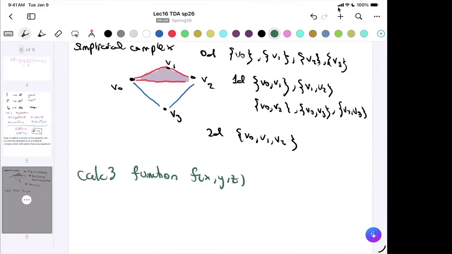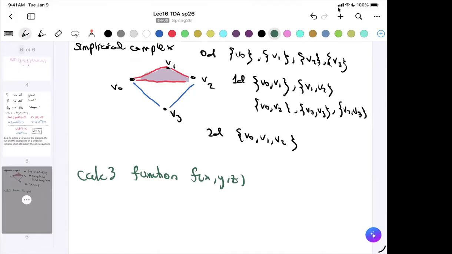On a simplicial complex, that will be replaced with a function defined on the points in space, and the analog of the points in space on a simplicial complex are the vertices. So our function will be a function defined on the vertex set.